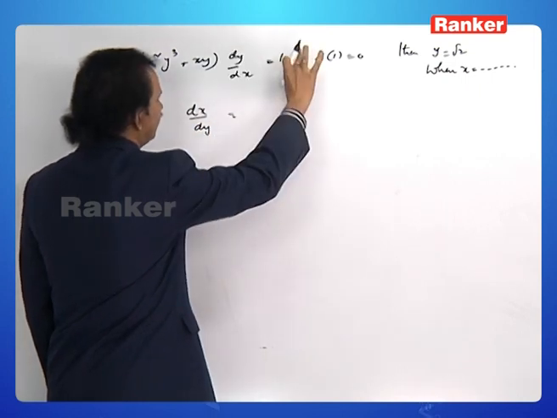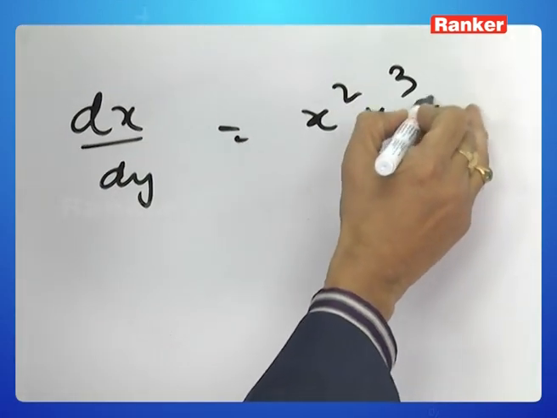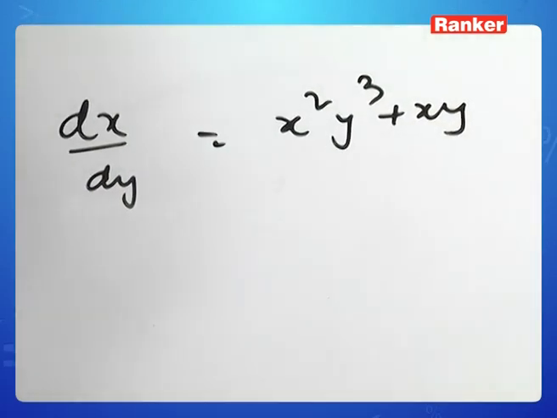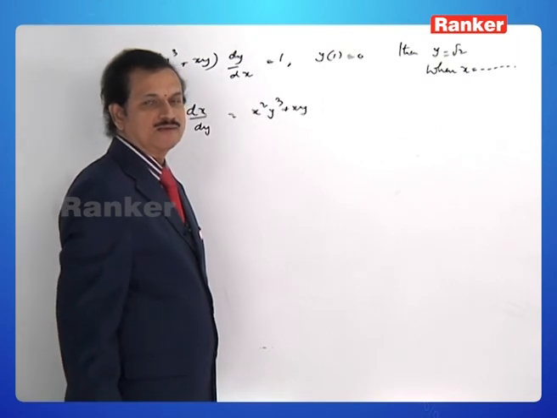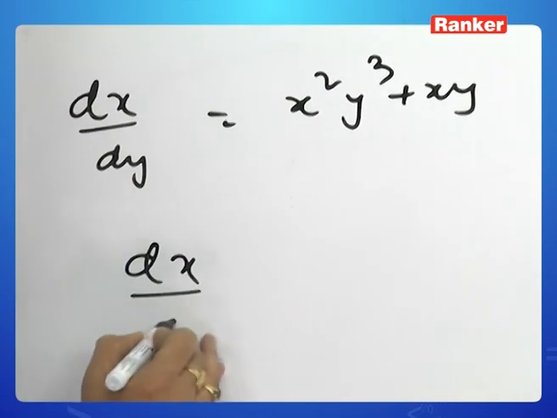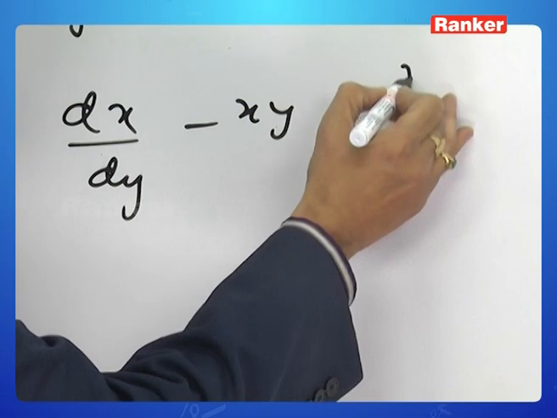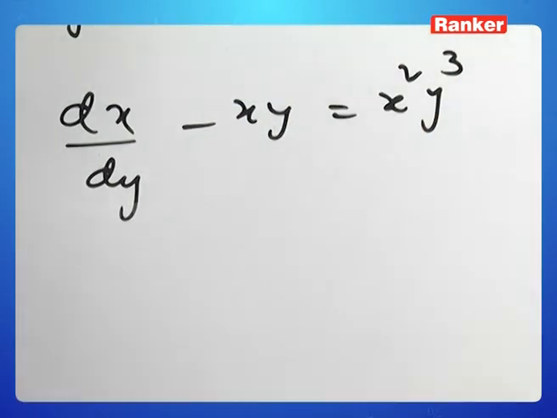You just send this to this side so that it is x square y cube plus xy. Well, dx by dy minus xy is equal to x square y cube.